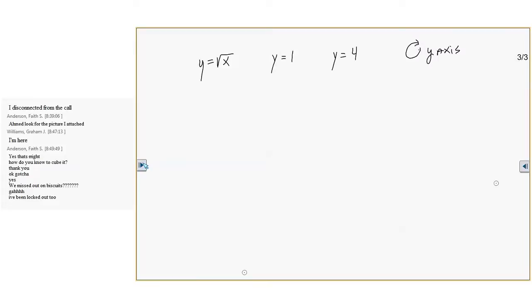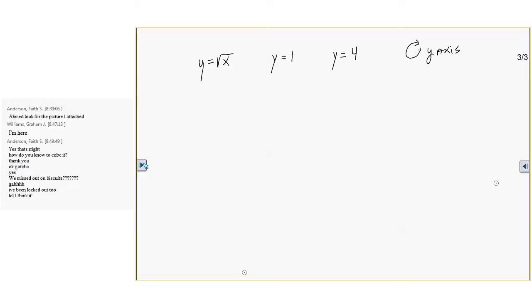Faith says that she's been locked out too. Well, that's because I don't like Faith. What? Yeah. Be glad to, or just send me a couple of questions and I'll go over them. I don't mind going over them.